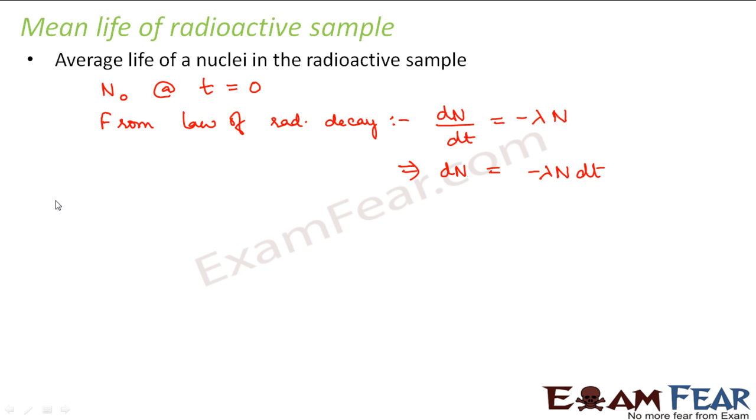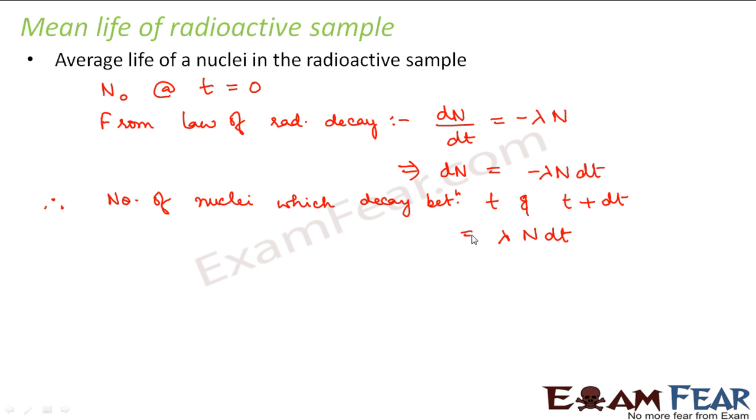So between t and t plus dt, the number of nuclei which decay is lambda N dt. So these many nuclei will decay between this time period.